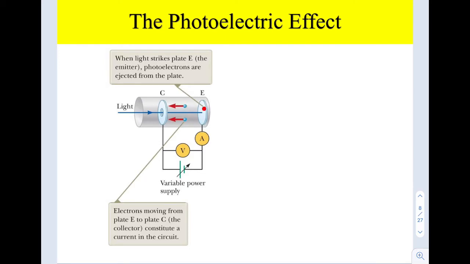When light strikes plate E, the emitter, electrons are ejected from the plate, known as photoelectrons. These moving electrons are then collected by C, the collector, producing a current flow within this circuit. By that means, we read the current flow through the circuit.